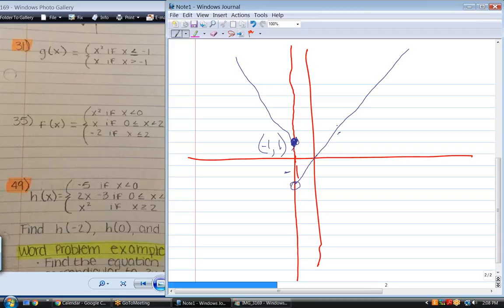Well, if I start here and work backwards, I know I have a parabola that's going to look like that, and I've got all the key points. It's a parabola. In other words, here y is equal to x squared. And now, to plot the rest of it, I also don't need to go through the origin. I need to figure out what that point is. And it's an open circle because it's greater than.